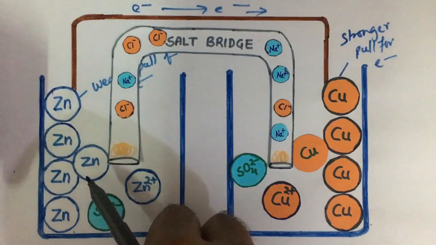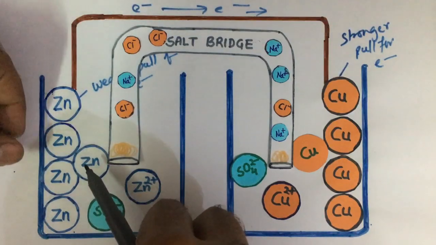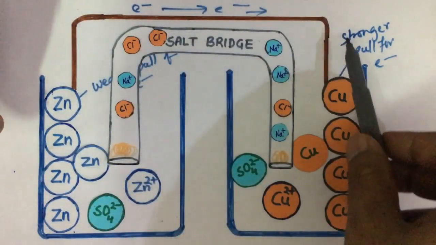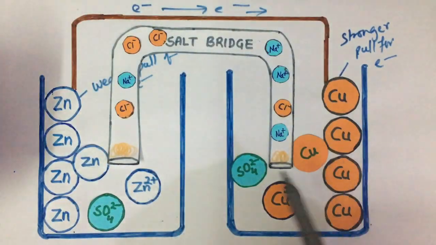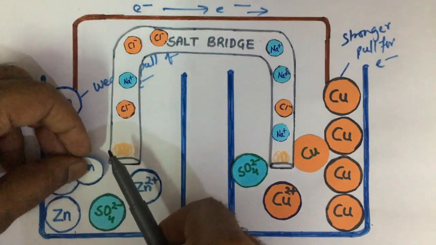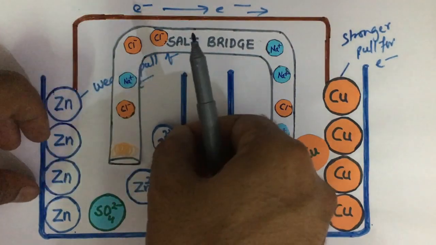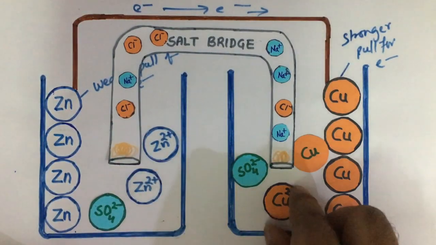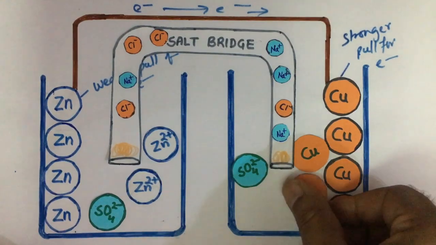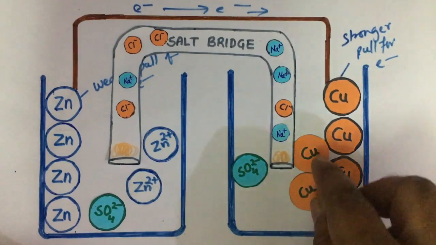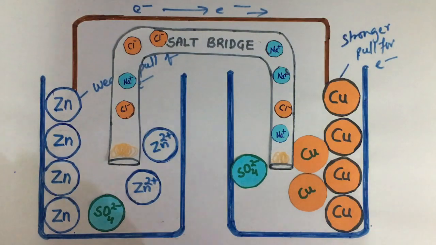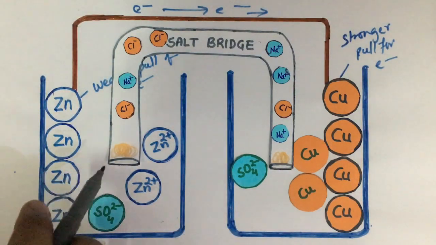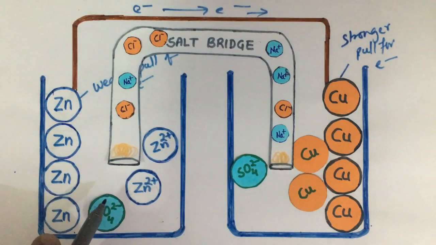When the zinc oxidizes, it loses two electrons, and these two electrons flow through the external circuit and come to this reduction side. In this process zinc oxidizes and converts to zinc 2 positive ion, and the copper ion, which takes up 2 electrons, becomes copper and deposits on the electrode.